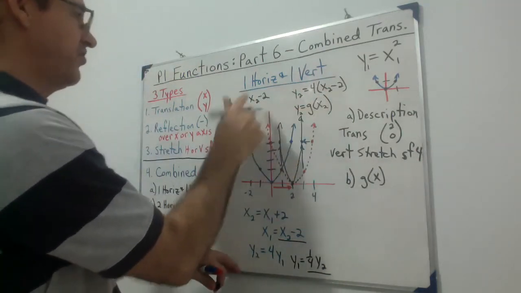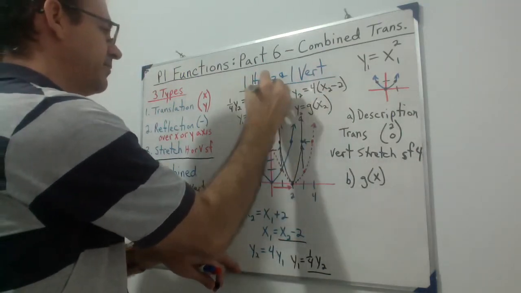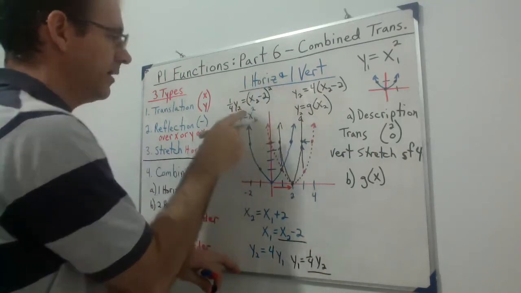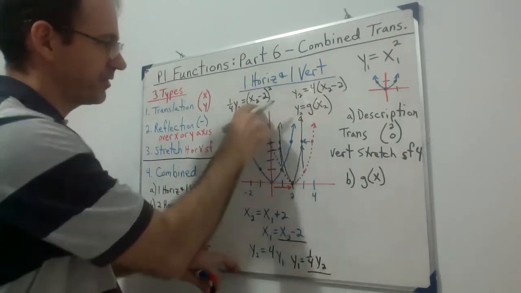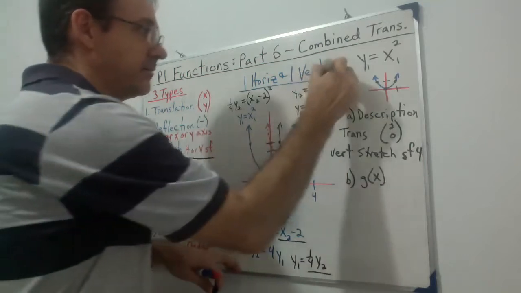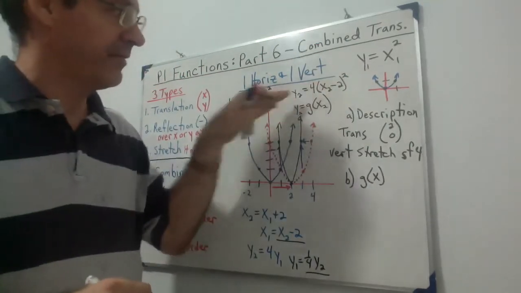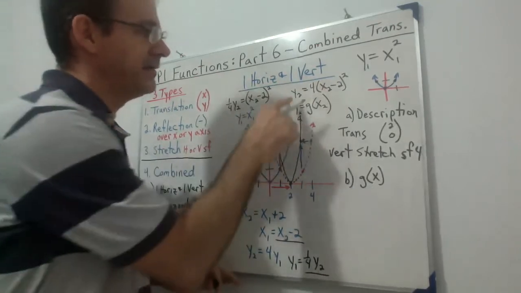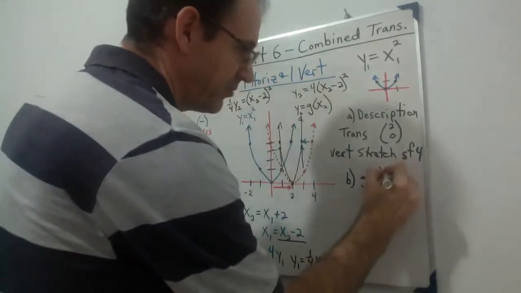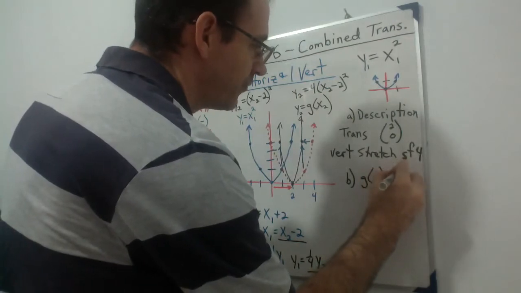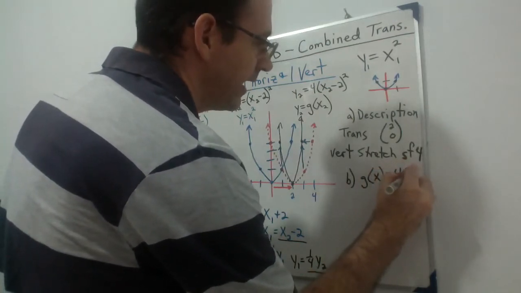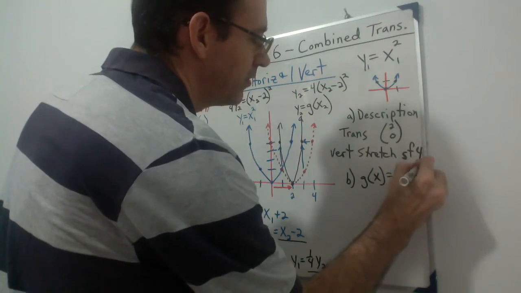And this was squared, so sorry, I need to put this in square. The x1 is replaced with this, but there's still that square up there. And so we have that. This is now my g of x. Okay, so my g of x equals 4 times x minus 2 squared.